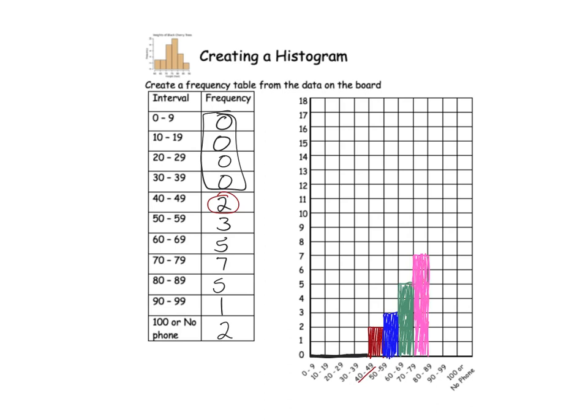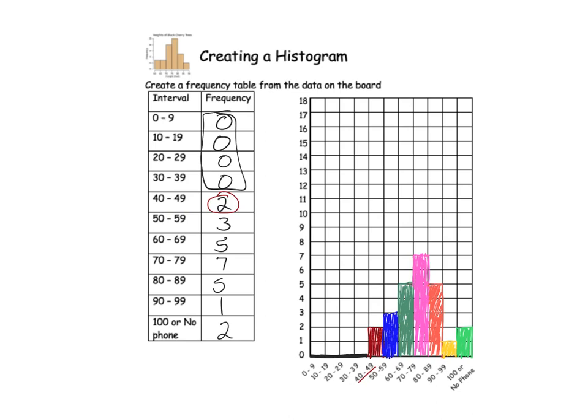And going to 80 to 89 has 5. 90 to 99 drops down to 1. And the phone and no phone has 2 pieces of information there. And there we have created a histogram.